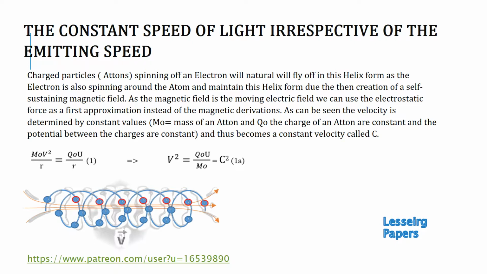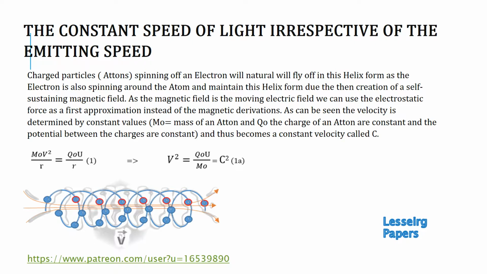The reason for this, and I have simplified this by saying that the fundamental magnetic force comes out of the electrostatic force, and thus I can use the math of the electrostatic force to balance the centrifugal force.